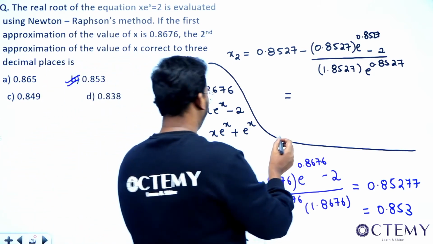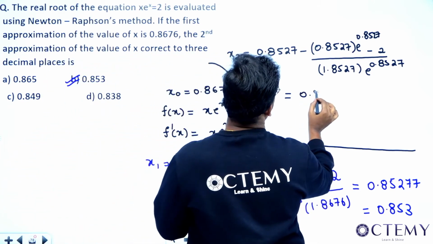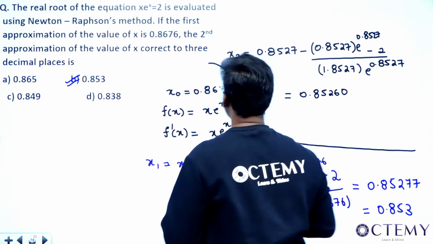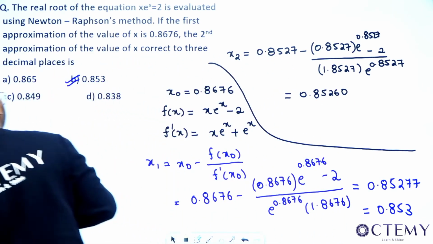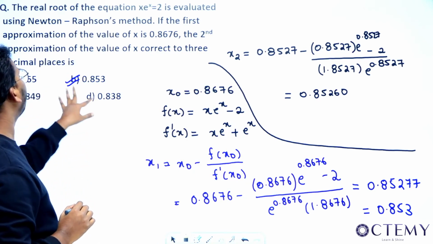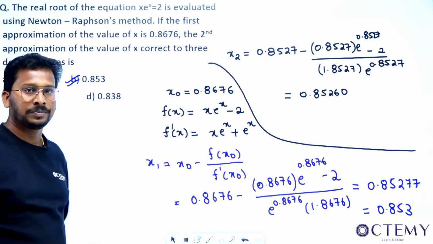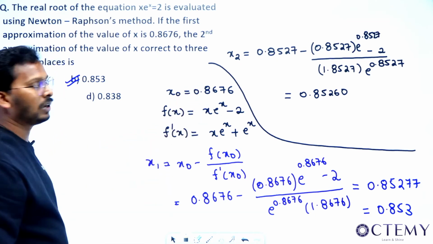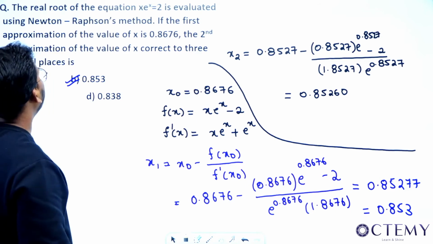You will get it as 0.85260. So 0.852 is definite. So this is the nearest answer. Whenever you get a doubt like this, you just do one more step and you will clearly understand what has to be done.